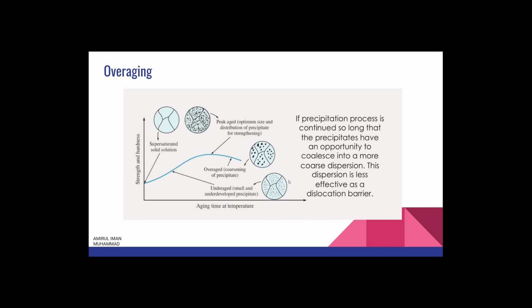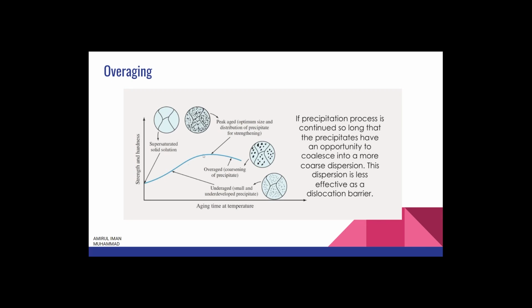So as you can see in this graph, at the minimum aging time, there are no precipitates formed in the microstructure. If we increase the aging time and stop the process before reaching the peak age, you can see that although there are precipitates formed in the microstructure, they are small and underdeveloped, meaning that the dislocation can move through the microstructure easily, although it is blocked better than when there are no precipitates.